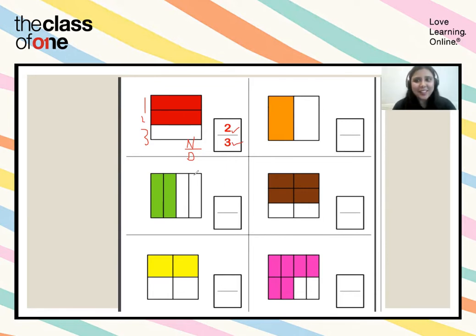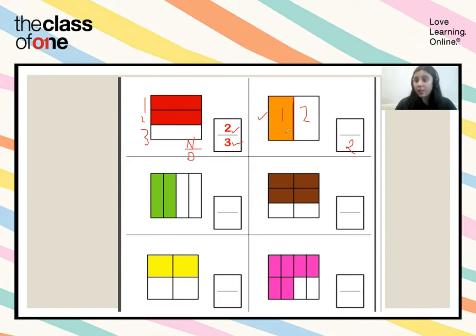So let's start with this activity. In the second figure, which you can see here, how many total parts are there? Correct. This whole figure is divided into 2 equal parts. And remember, in a fraction, the parts should be equal in size. It should not be unequal in size. So the bottom number here becomes 2.